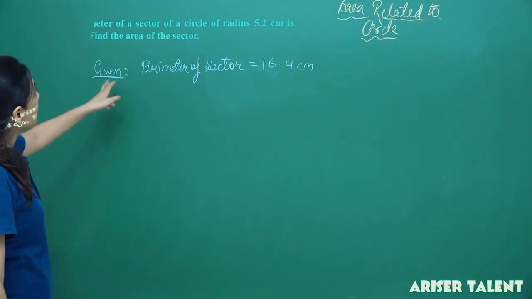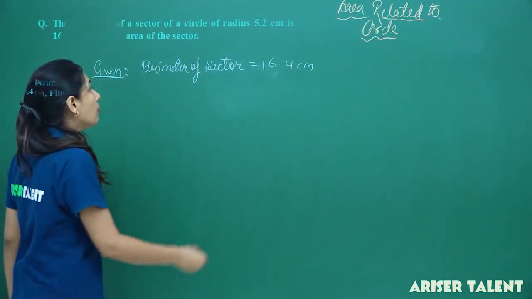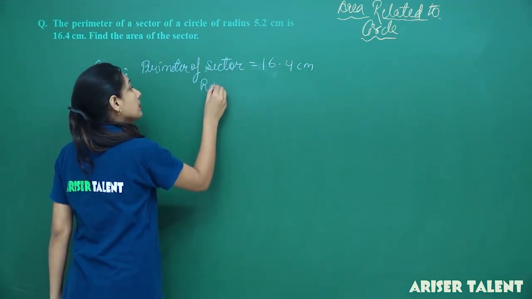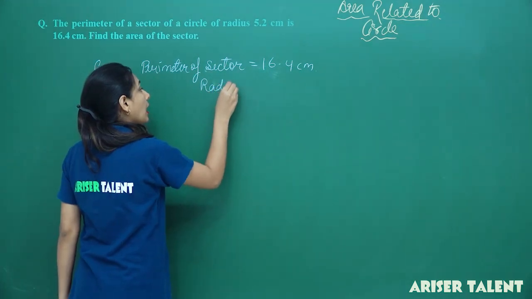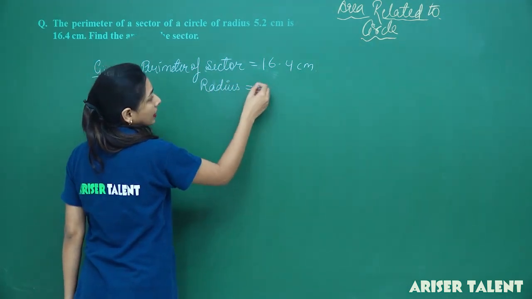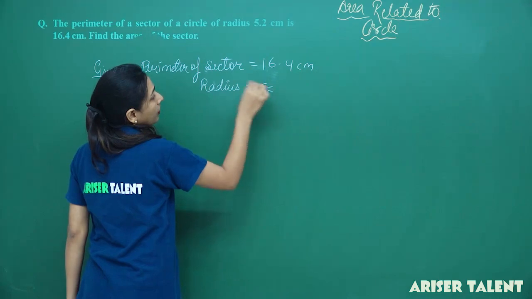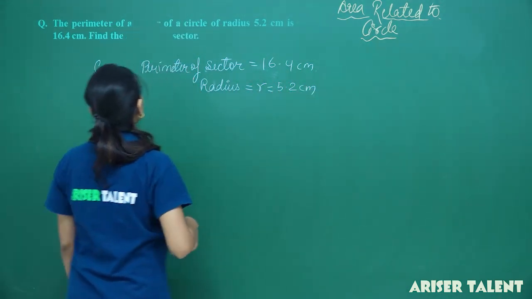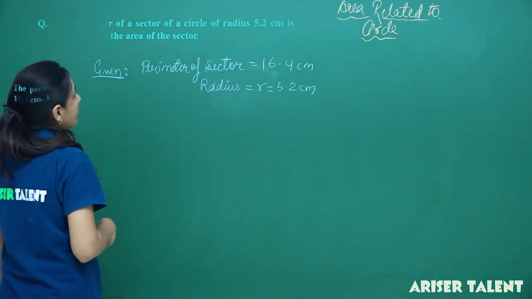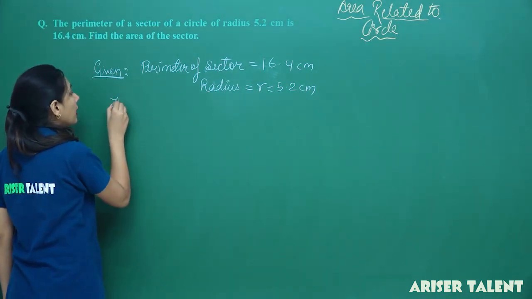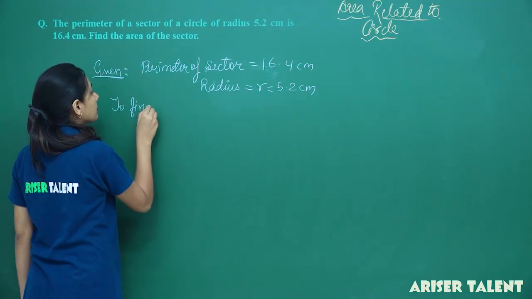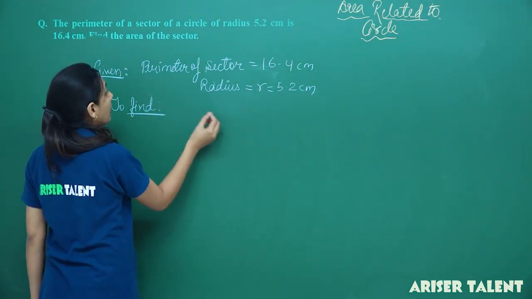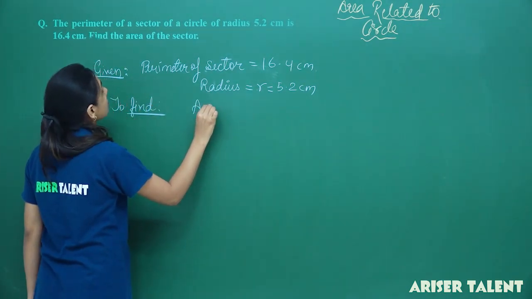Now students, the radius, I can denote it by R, is 5.2 centimeters. Now what you have to find? To find is the area of the sector.